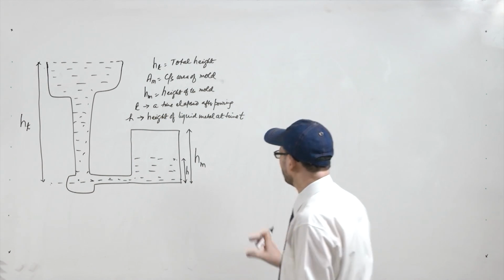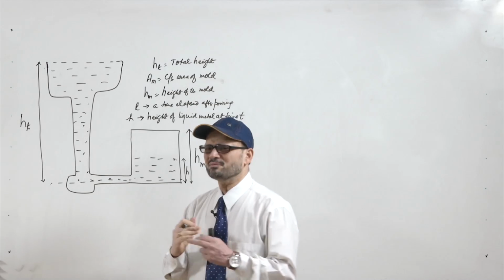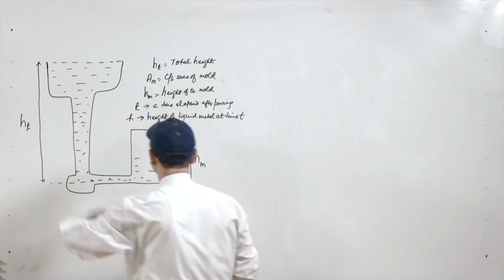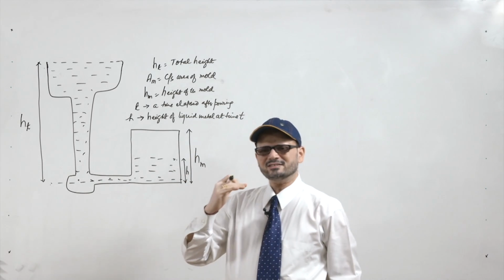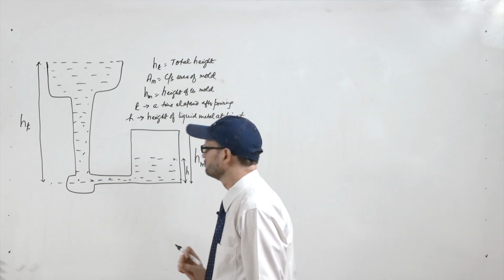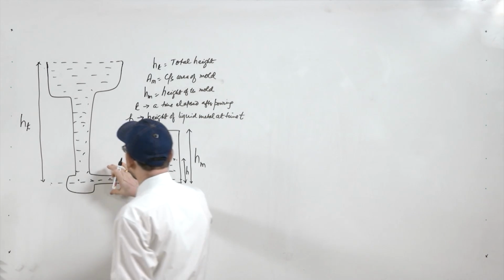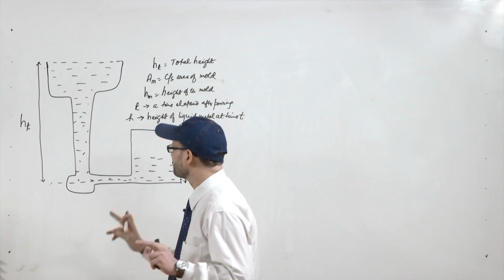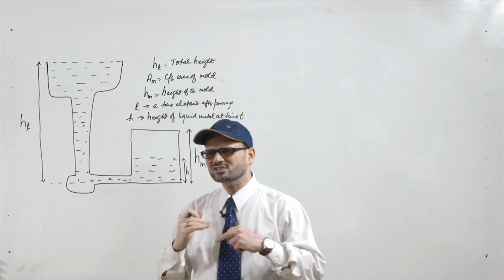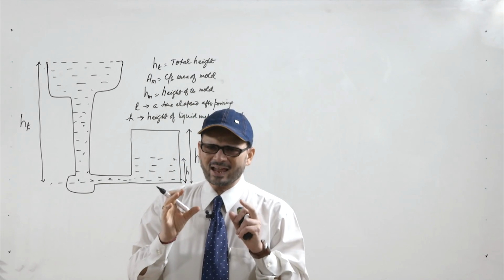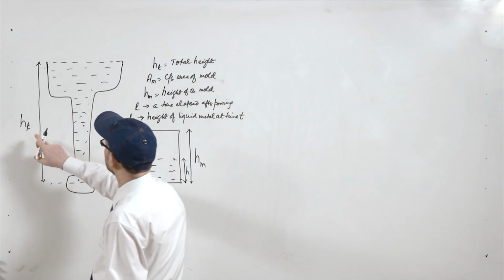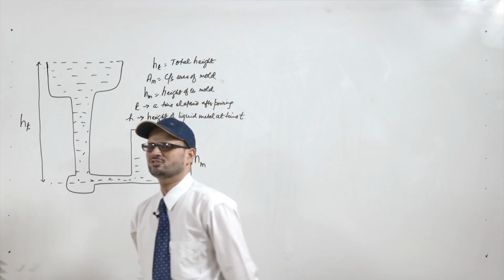So, as the time progresses, the head which is available to you started decreasing. So, that becomes HT minus H. In that case, the velocity, which was initially root 2gHT, at the start when the molten metal is just first entering into this cavity, will be root under 2 into g into HT.